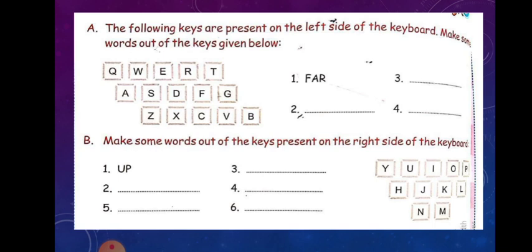Okay. Now B is make some words out of the keys present on the right side of the keyboard. Earlier in part A we have done the left side of the keyboard. Now in the right side of the keyboard again you will have to make some words. So which word can you make? Up is written over here.